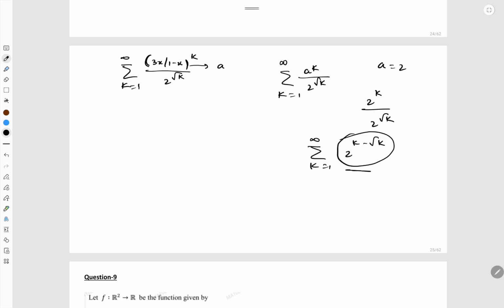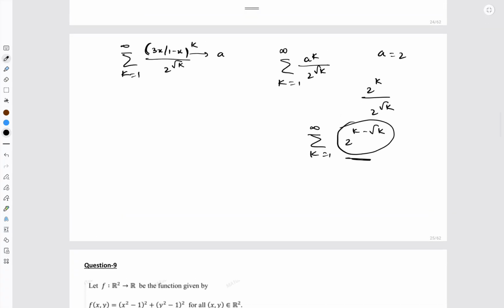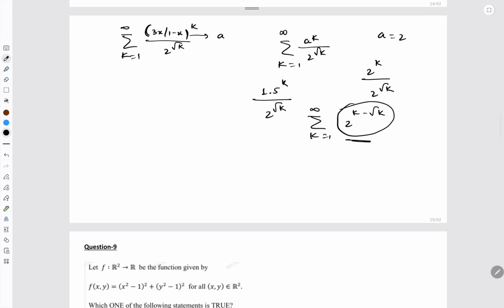If we add positive terms that are growing like hell, then obviously the series will not be convergent, it will diverge to infinity. That is the basic meaning of convergence and non-convergence. If I take a as 1.5, then 1.5 raised to the power k and 2 raised to the power under root k will be very large as k goes higher.